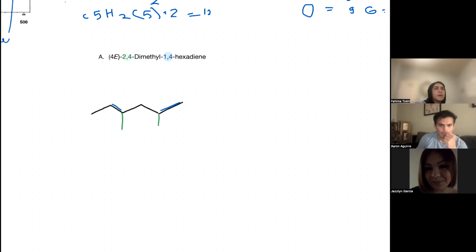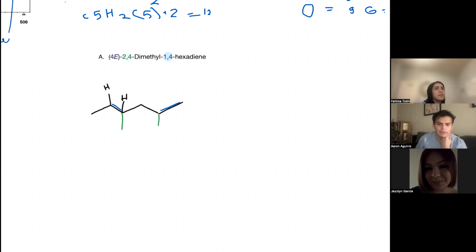I don't know if I can show that there's an H right here. Here I can draw. Okay, that's terrible. There's an H there. We're looking at this left one. We have another hydrogen here hiding, right?